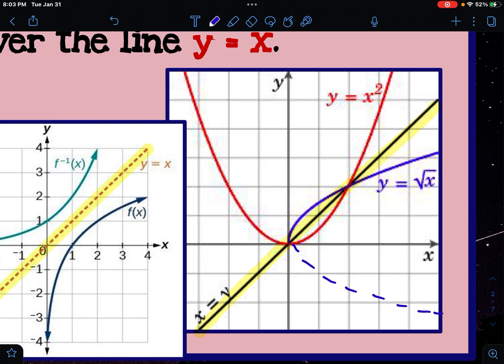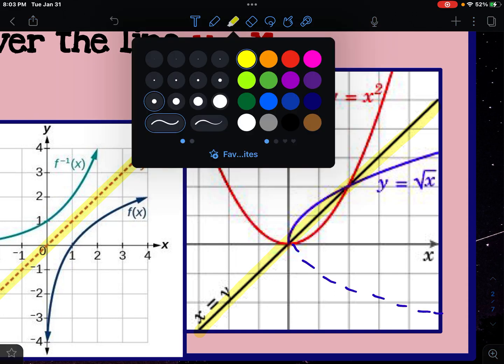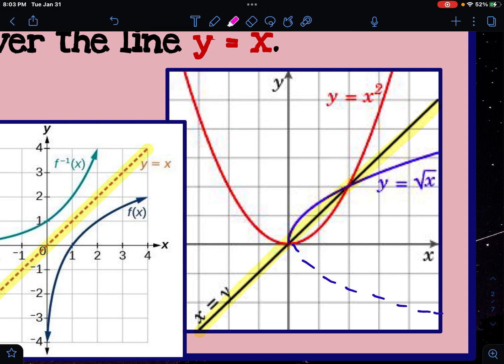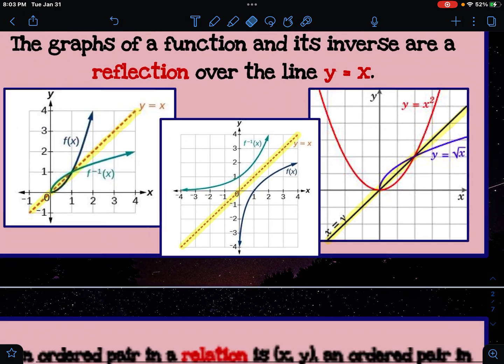But if you look at it, this piece here matches up to this piece, and this is where x is negative. So we have a restricted domain. So with a restricted domain now, you only have the top half of the parabola.